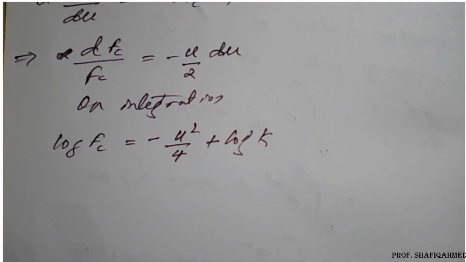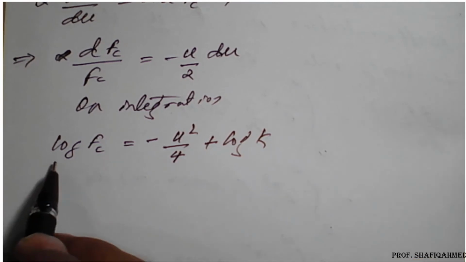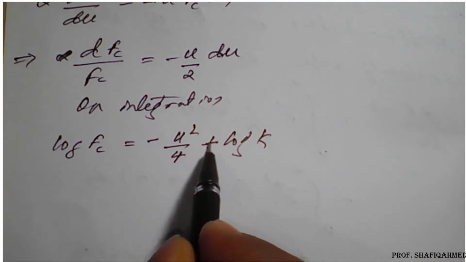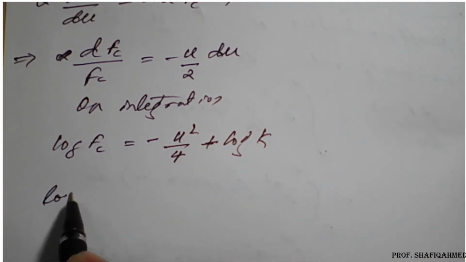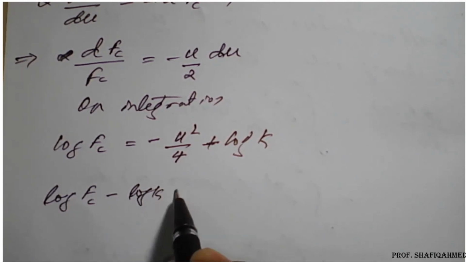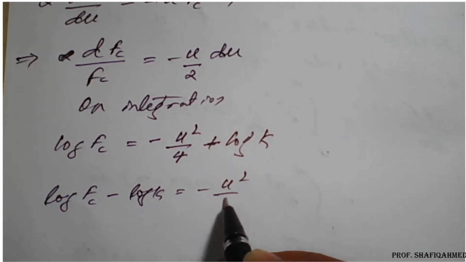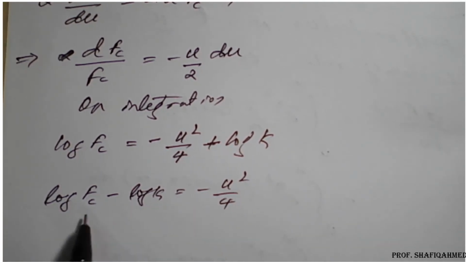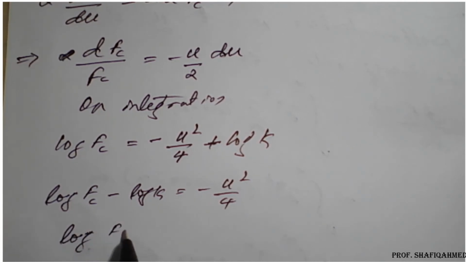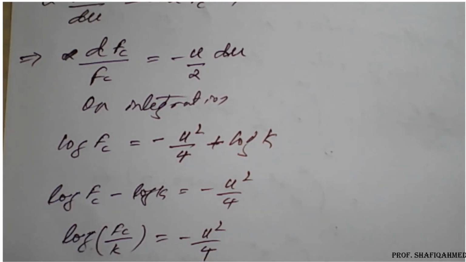Now if you take log on the left hand side, log of fc minus log of k is equal to minus u square upon 4. So on the logarithmic property it will become log of fc upon k is equal to minus u square upon 4.